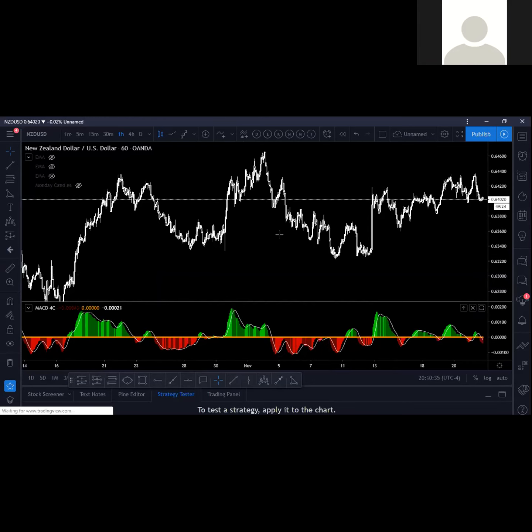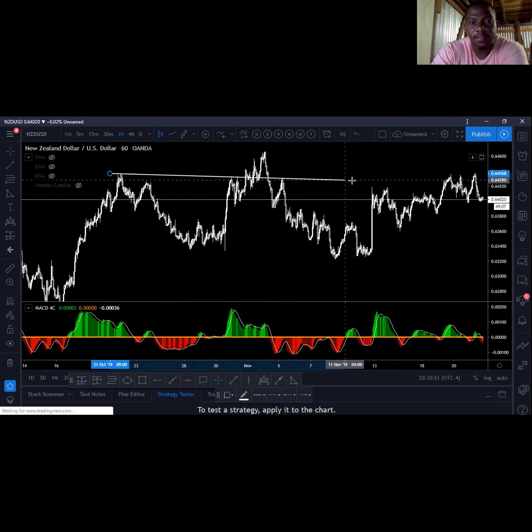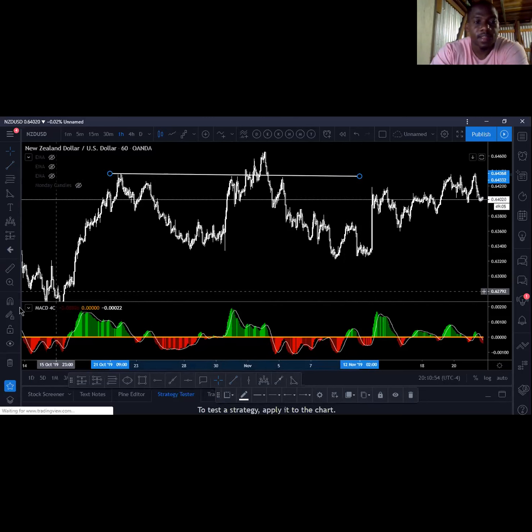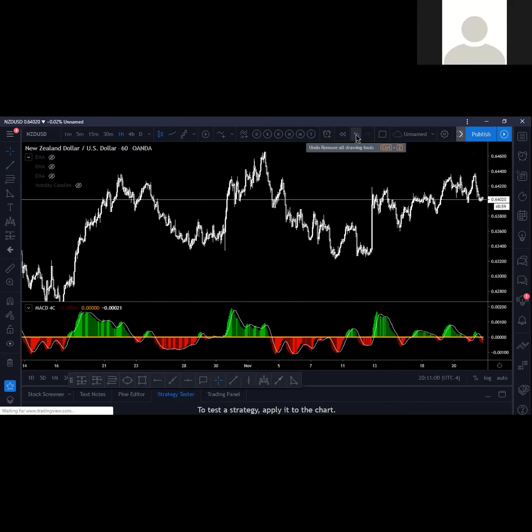Right. Also, this little button here. There's an undo button. So if you missed it and delete all your chart markups, like say you had bear lines, you support resistance lines and stuff, and you missed it and delete that line, you can press this button right here, and it will undo.